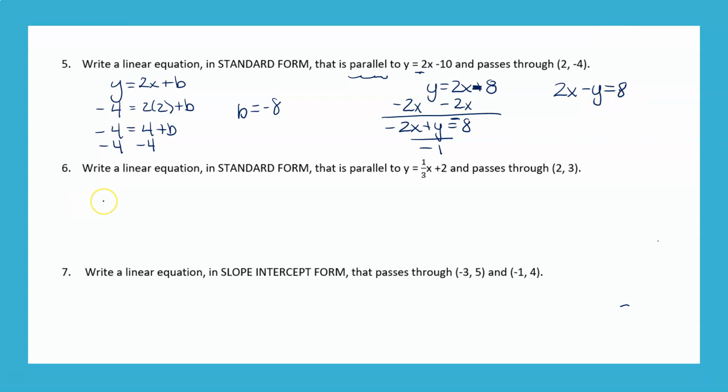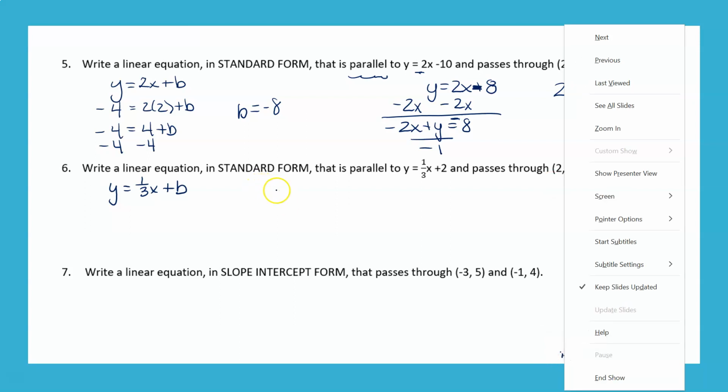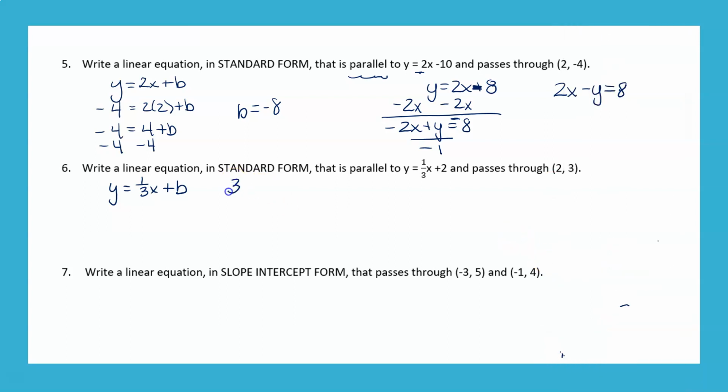All right, number 6. Write a linear equation in standard form that is parallel to 1/3 x plus 2 and passes through the point 2, 3. Again, we know our slope. I'm going to use that point to get my y-intercept. So I have 3 equals 1/3 times 2 plus b.